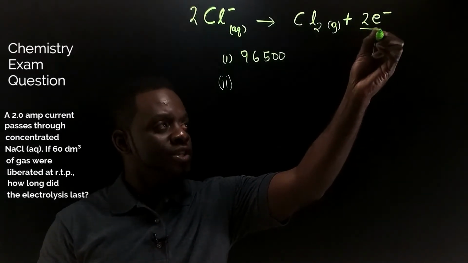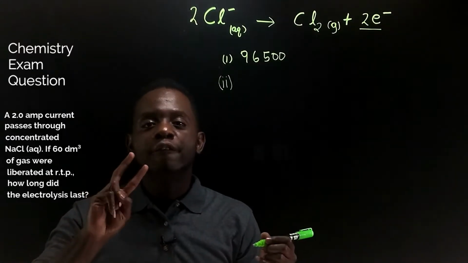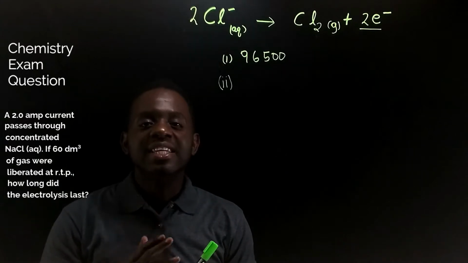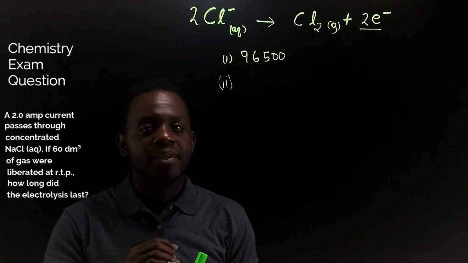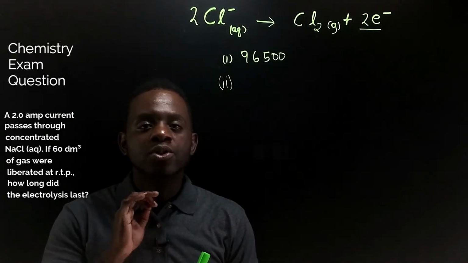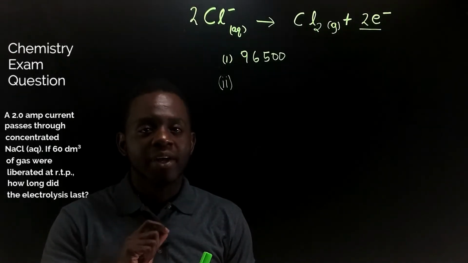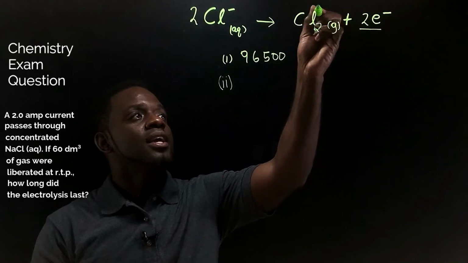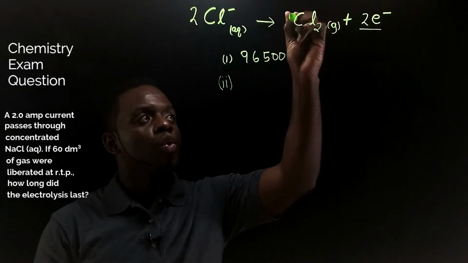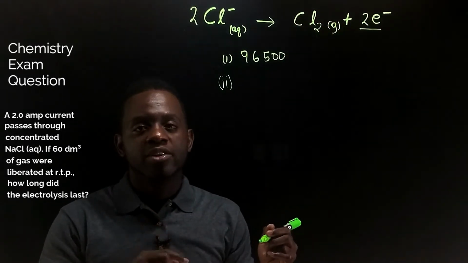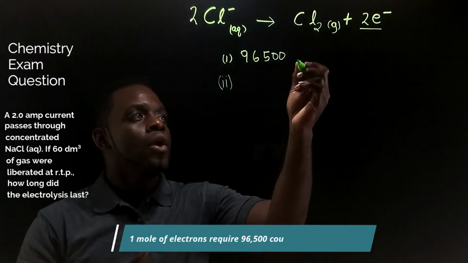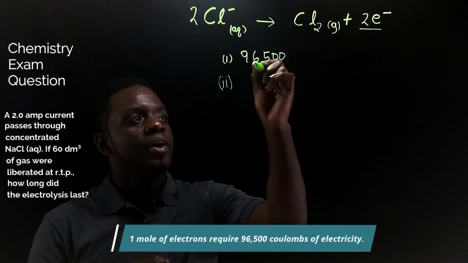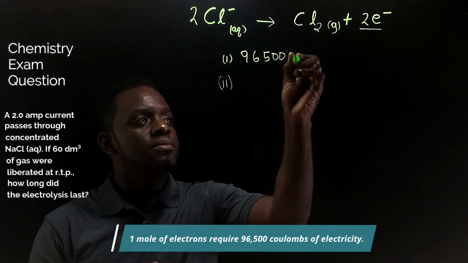This half equation gives us two further details that we need to know in order to complete our solution to the problem. That is, the amount of electricity required to liberate the given amount of chlorine gas in the half equation, which is, we can say, 1 mole. 1 mole of electrons require 96,500 coulombs.